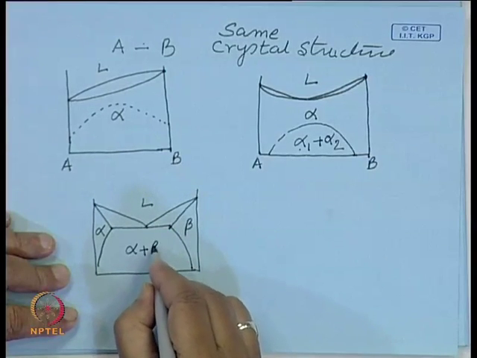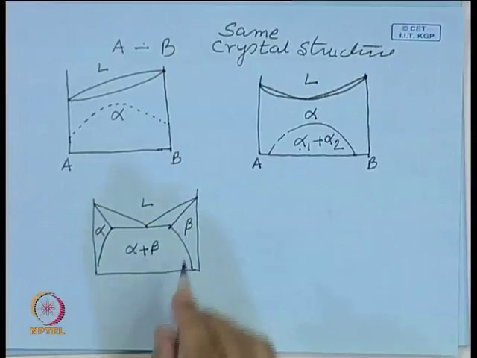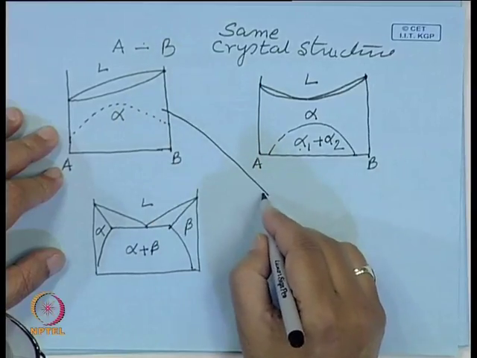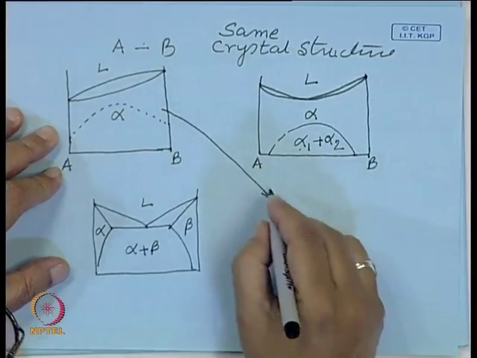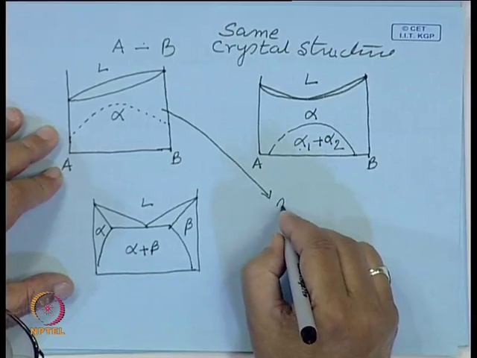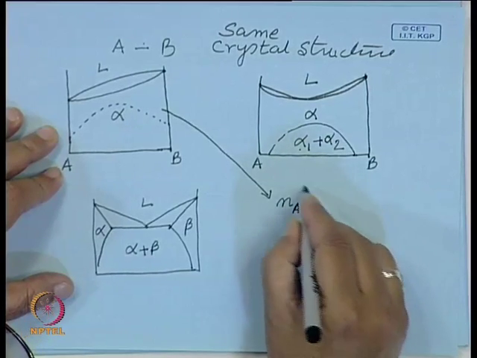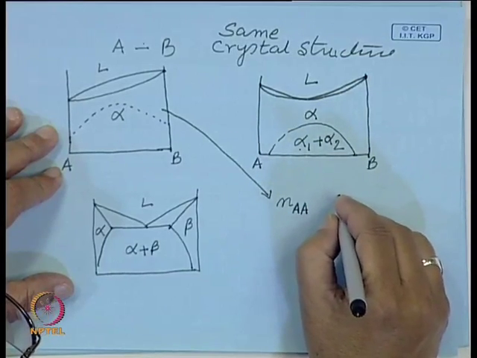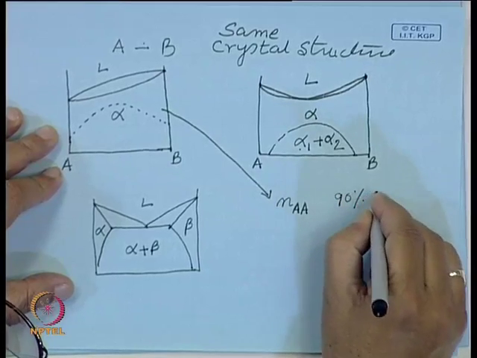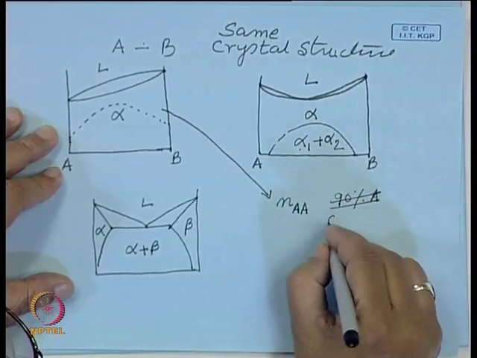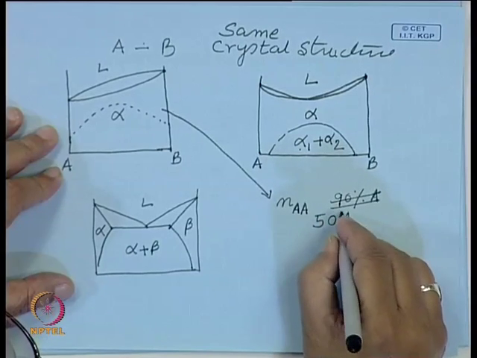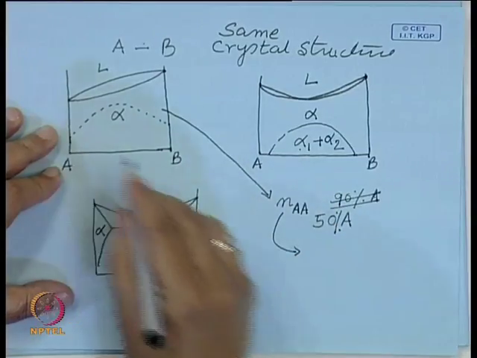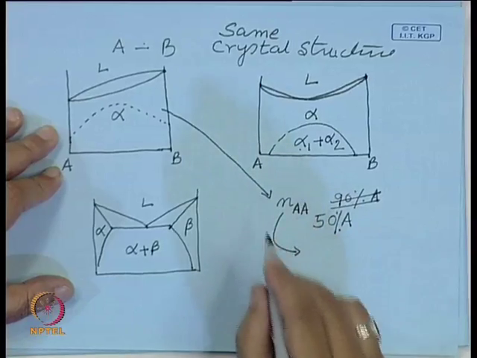Here, if you look at the nearest neighbors in an isomorphous system, consider an alloy with, let us say, 50% A and 50% B. If it is face centered cubic, the coordination number is 12.